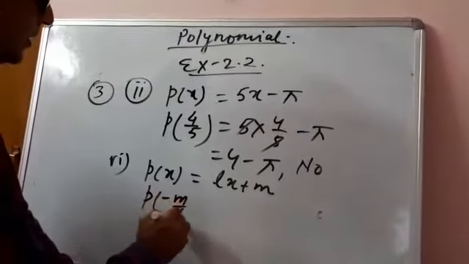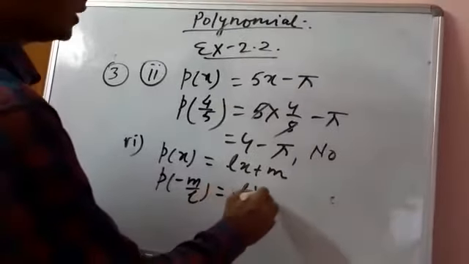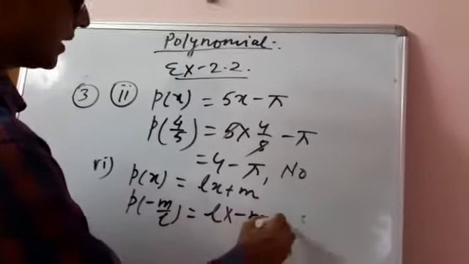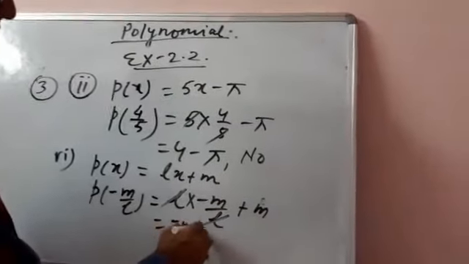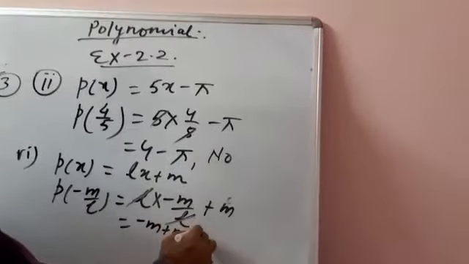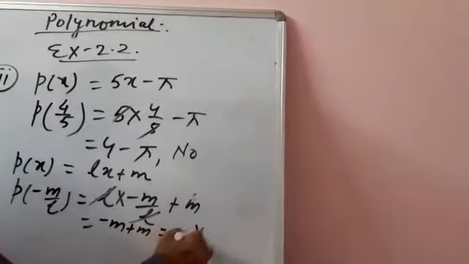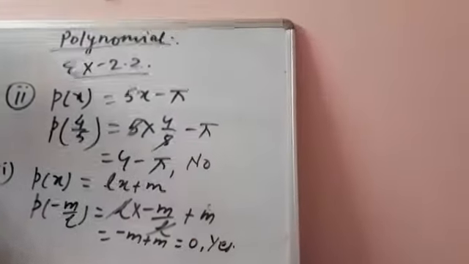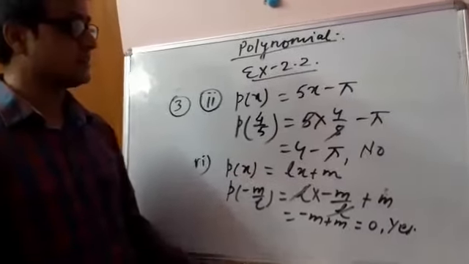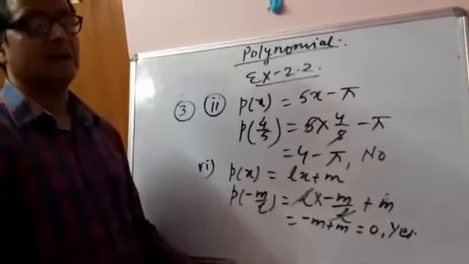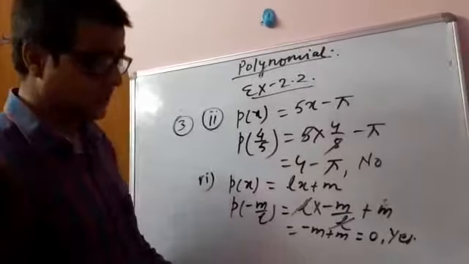So l into minus m by l plus m. This l will be cancelled. Minus m plus m gives us 0. The answer is yes. So for the polynomial lx plus m, what is the zero of the polynomial? Minus m upon l.